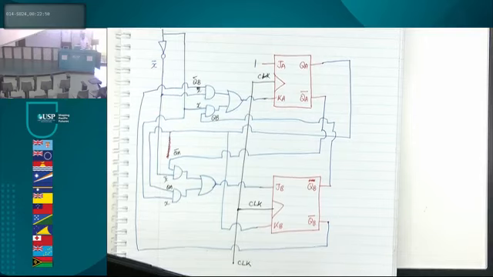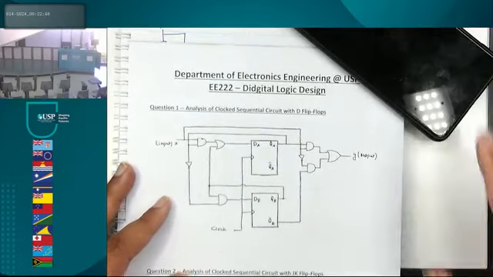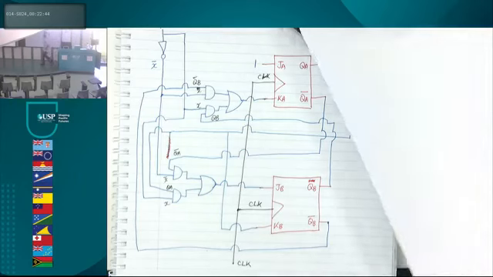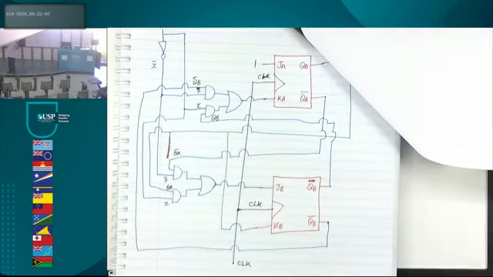All right, let's do another problem, guys. So let's flip over. I would like to do one of these problems. So let's go back to analysis now. So this is how it's going to be. We're going to flip between analysis and design, so one analysis, one design. All right?